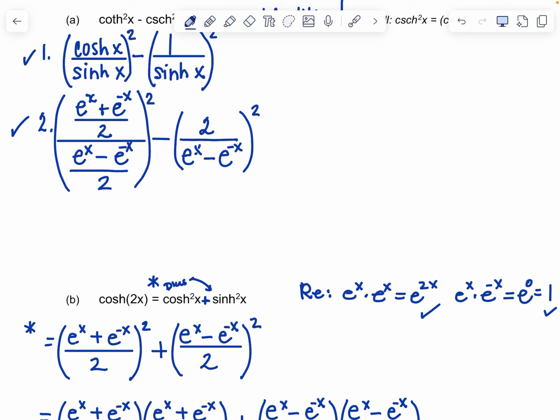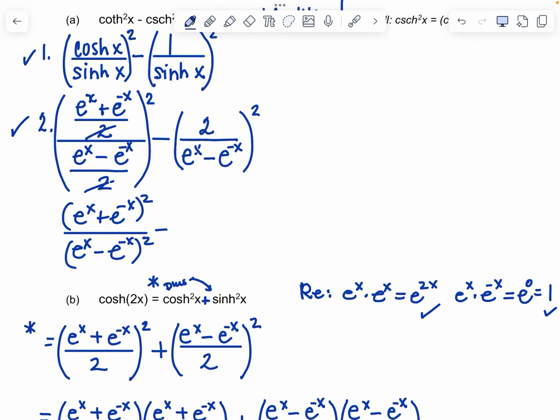The top is going to be squared, but inside of here, these 2's can cancel. So you're just left with (e to the x plus e to the negative x) squared over (e to the x minus e to the negative x) squared. Both of those are squared.